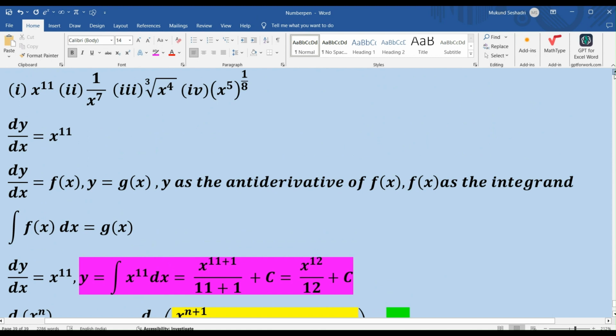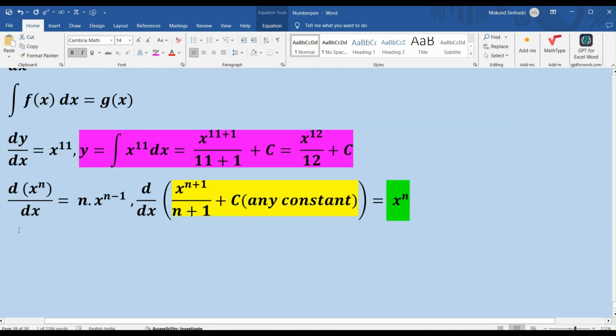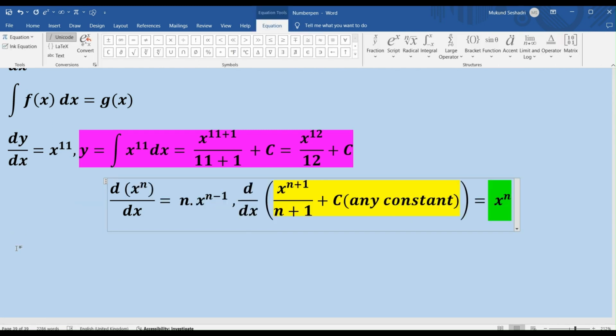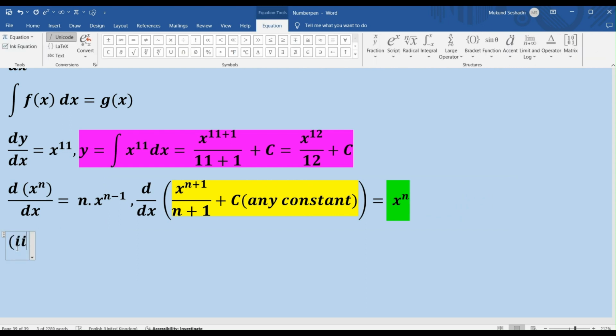I'm going to pull out the second one, which is 1 by x to the power 7, right? Again, we have a very similar problem, let me call it 2. 1 by x to the power 7, right?